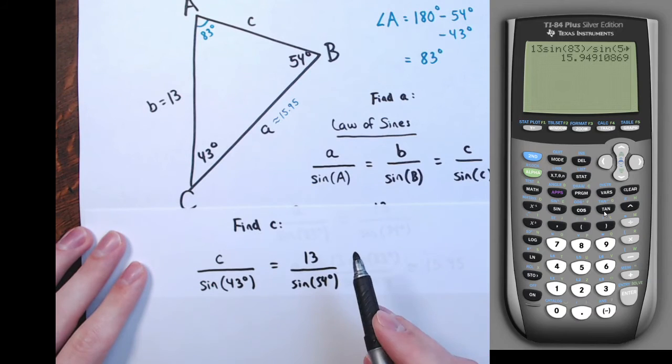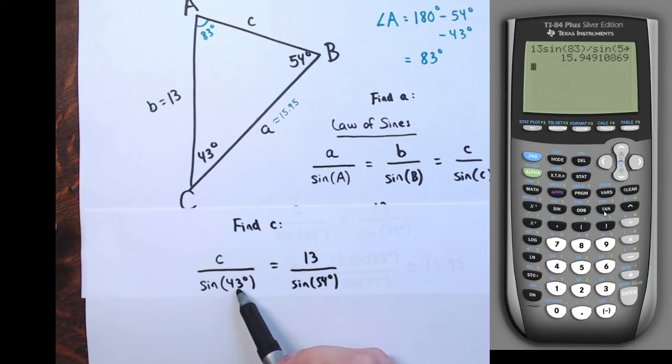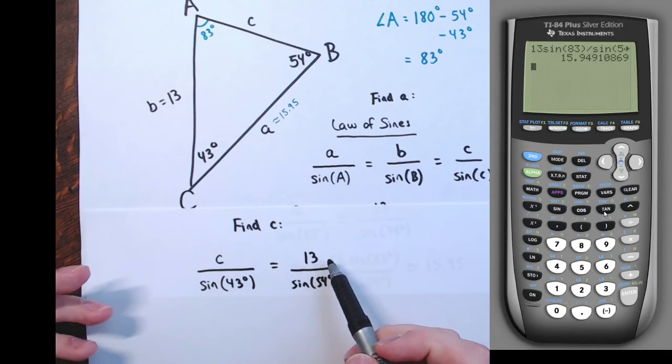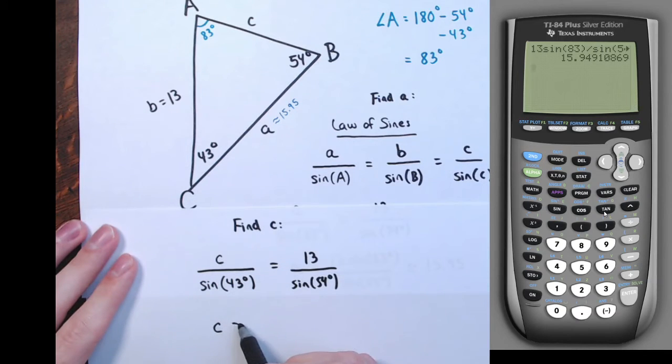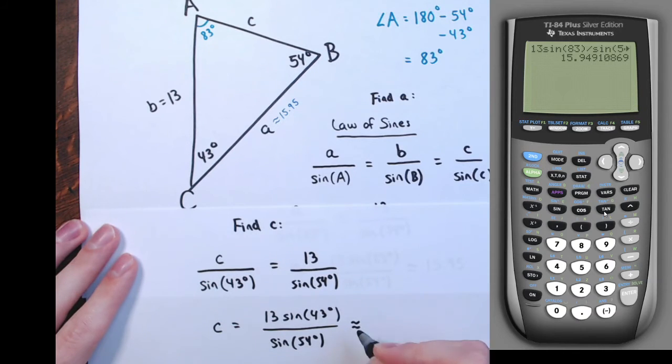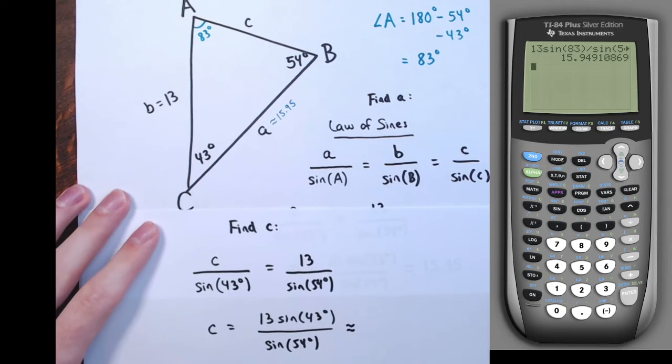And then just like before, the only thing that changed was this angle here. To get little c alone, I would multiply by the sine of 43 degrees. So c would be 13 times the sine of 43 degrees divided by the sine of 54 degrees. And then we'll punch that in and round to two decimal places.